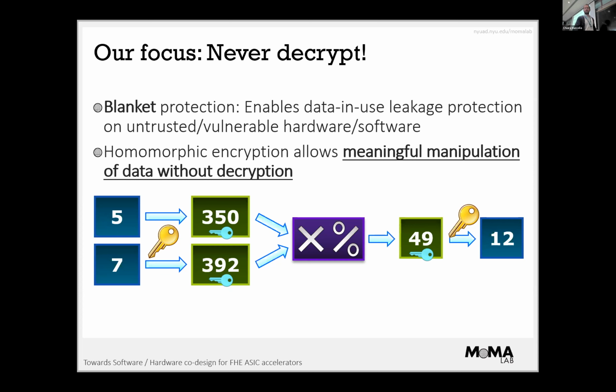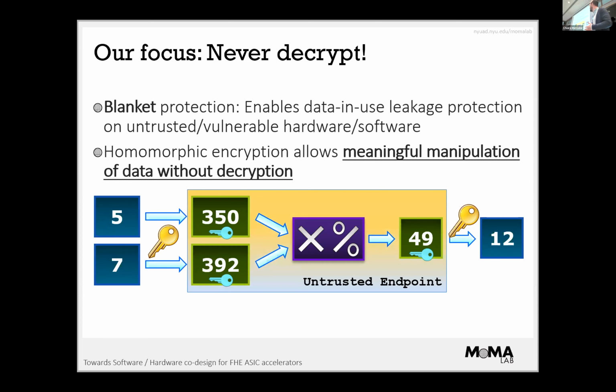So when the operation happens at the endpoint, whatever you leak here, there's nothing you can do with it, because unless you have the key to decrypt, you steal 49, there's nothing you can do with that, right? So that's the idea. When you have untrusted endpoints, have the data always be in a format with fully homomorphic encryption, which cannot be leaked.